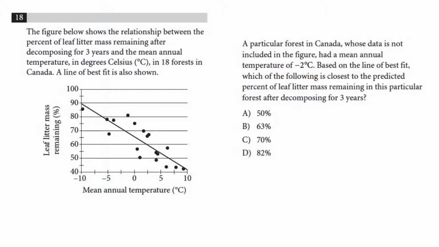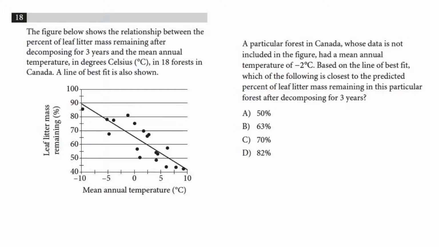A particular forest in Canada whose data is not included in the figure had a mean annual temperature of -2 degrees Celsius. Based on the line of best fit, which of the following is closest to the predicted percent of leaf litter mass remaining in this particular forest after decomposing for 3 years?